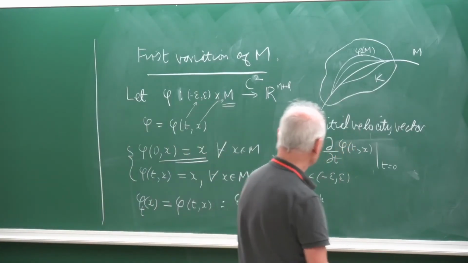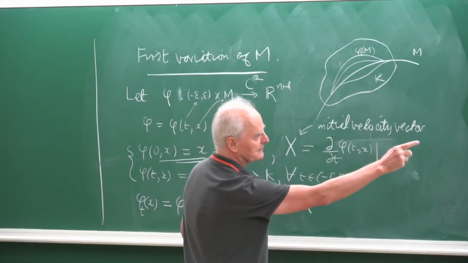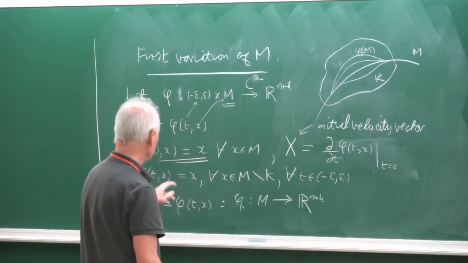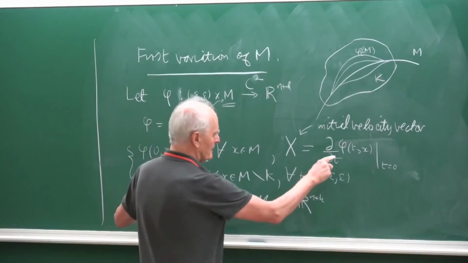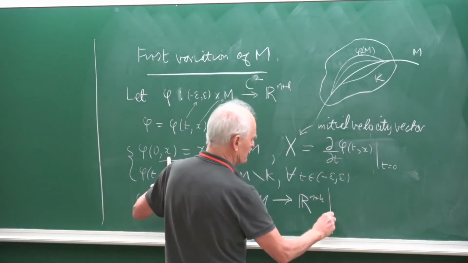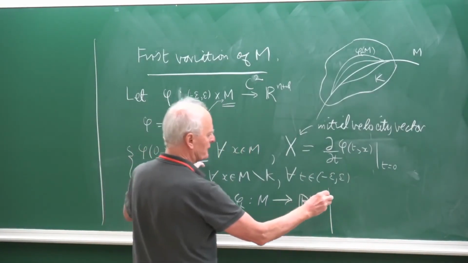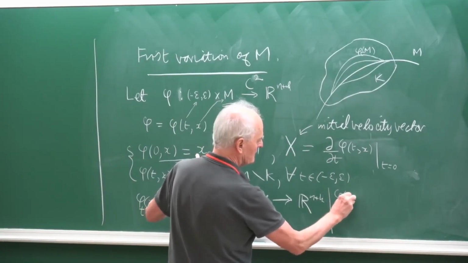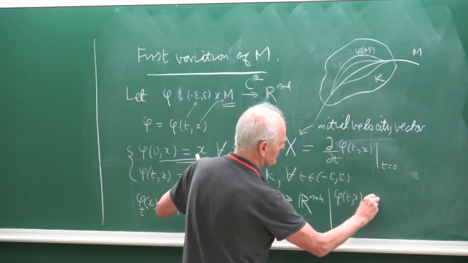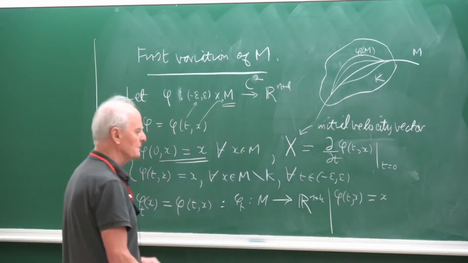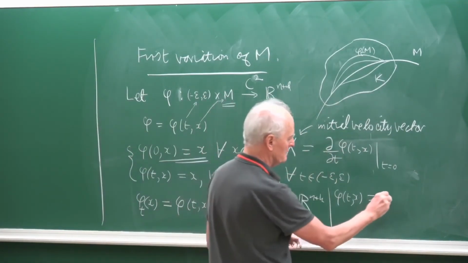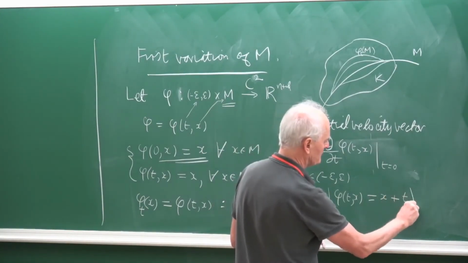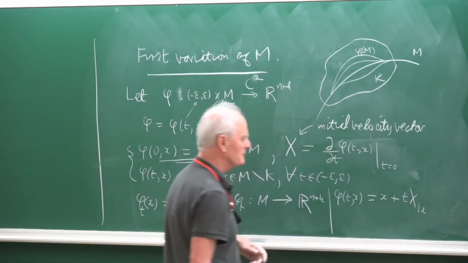And now we have to compute the Jacobian of phi t. Now let's try to do that without getting in a big mess. Notice that if we use a Taylor expansion of phi t of x, the first term is, of course, just x at t equal to 0, and then we get t times the first derivative at 0. So that's t times X at the point x.